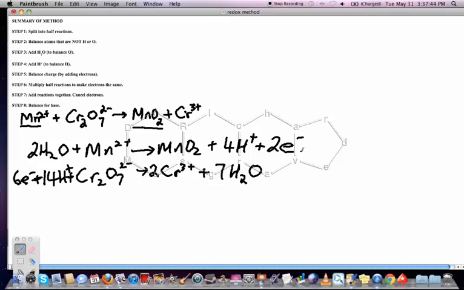Now we have to be able to multiply these reactions by something to get rid of the electrons. Now I've got 6 down here and 2 up here, so I'll have to multiply this top reaction by 3 so that I can even out these electrons to make them 6 in both. So I'm going to go ahead and do that.